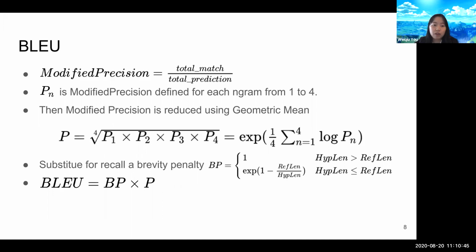Because BLEU only uses precision, it substitutes the recall with a brevity penalty. So if the total length of the hypothesis is shorter than the total length of the reference, then it will penalize it. This brevity penalty is multiplied with the total modified precision to give us the BLEU.